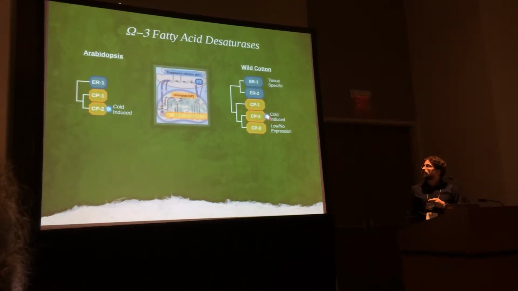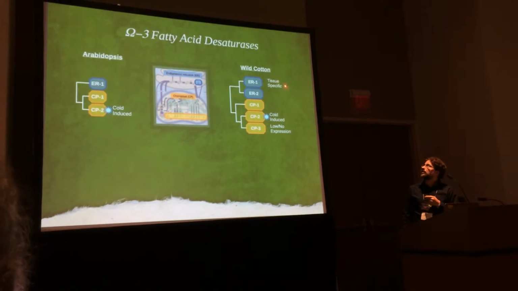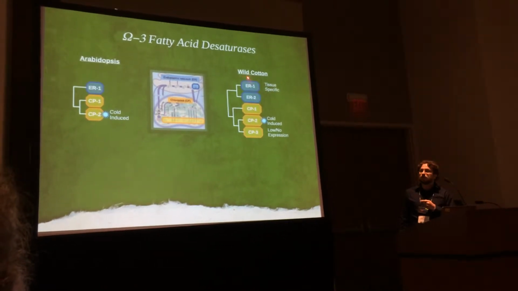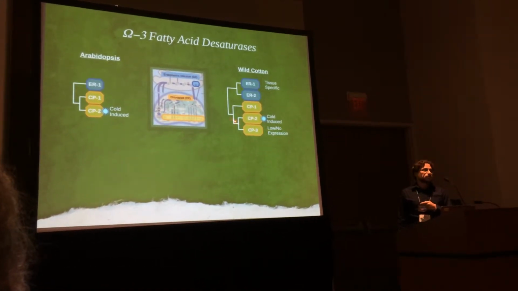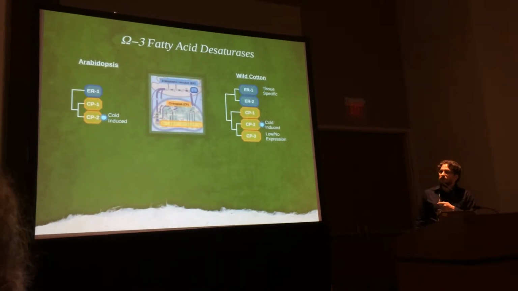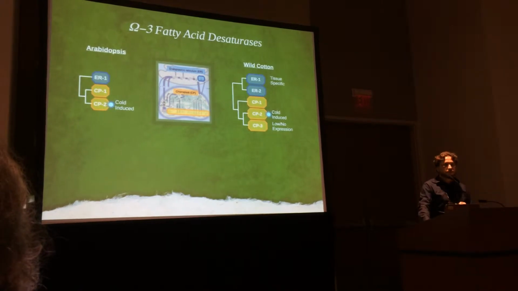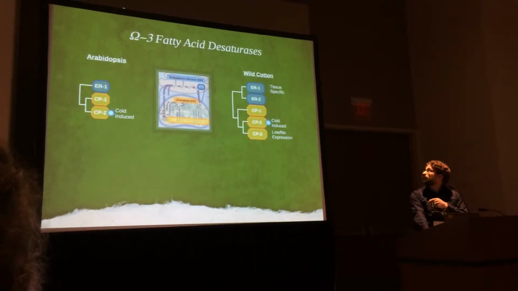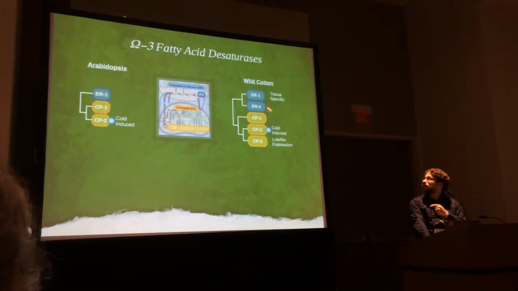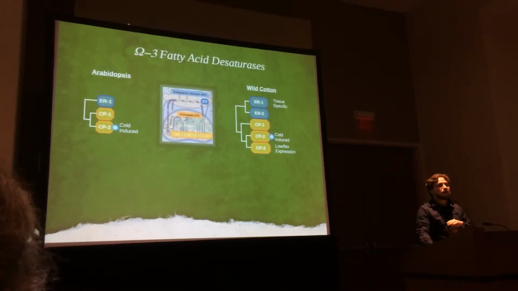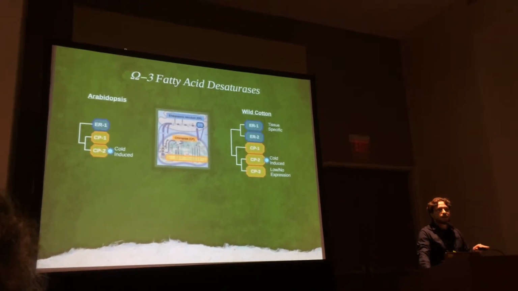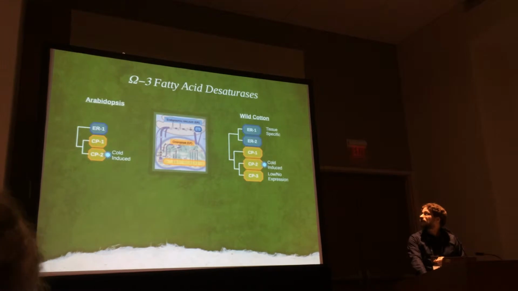There is a similar cold-induced gene in cotton, a tissue-specific duplicate, and one with low or no expression. So you can see that even though we have multiple copies, they're all specialized post-duplication. They have specific roles to fill. These two, in both cases, are basically the steady state, the ones involved in the basic pathway.